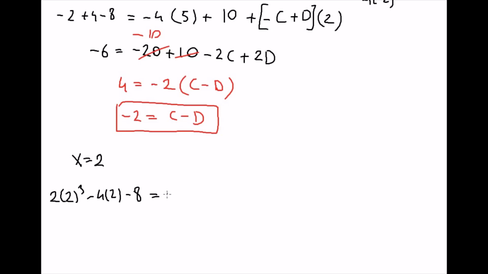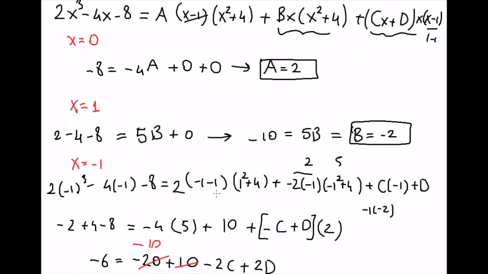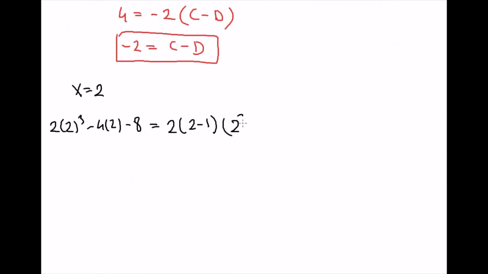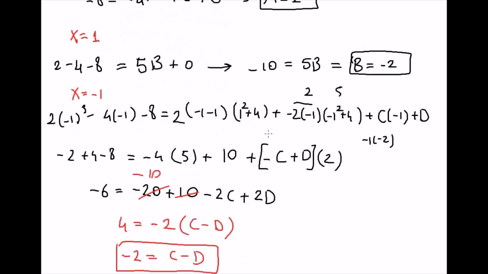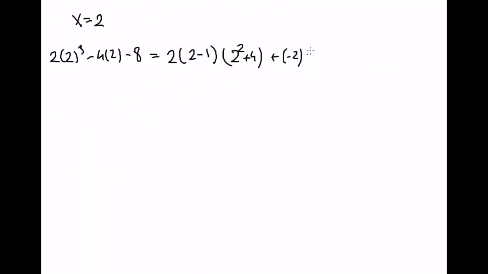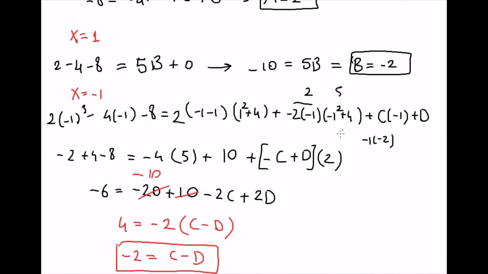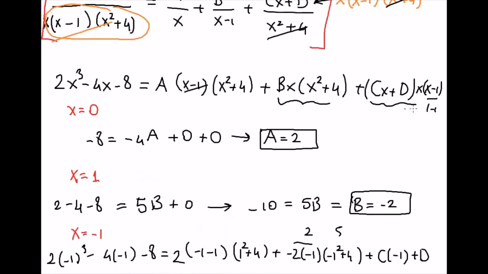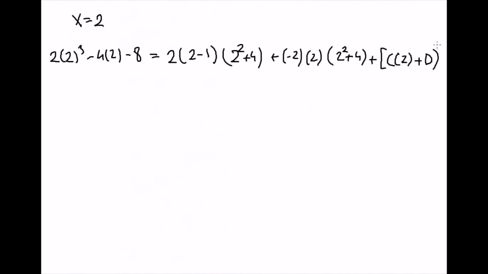We know a is positive 2, and x minus 1 times x squared plus 4, plus we have b times x squared plus 4, b is negative 2, and x is 2, and x squared plus 4 is 2 squared plus 4, plus we have cx, we don't know what c is, and x is 2, cx plus d times x times x minus 1.